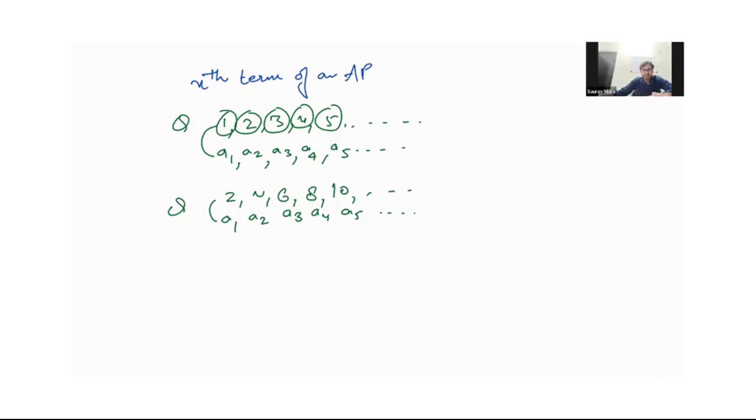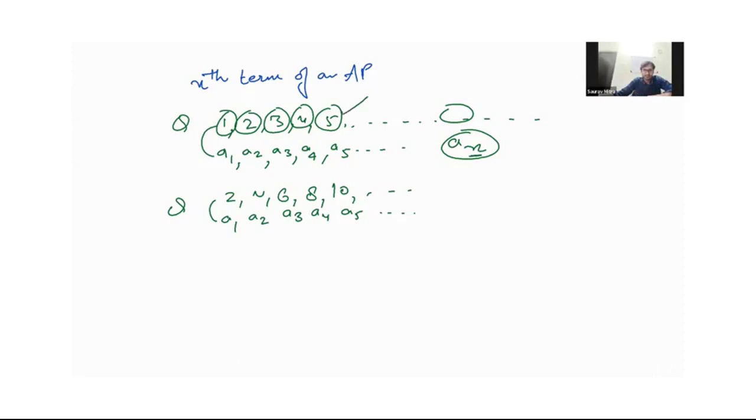This is not the complete sequence; there are many numbers. In between, if I want to find a number at the nth place, I don't know what the value will be, so my general value is an. It can be an, am, ap, aq, anything. It just denotes the nth term.